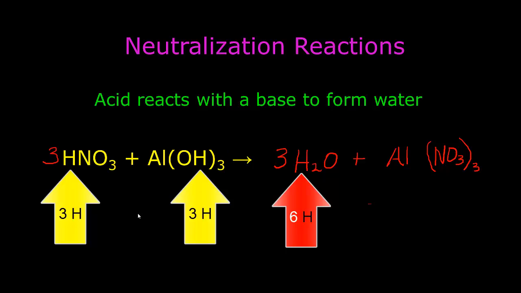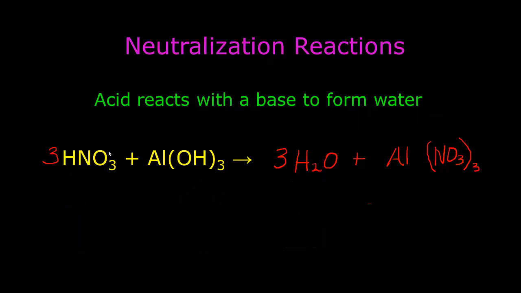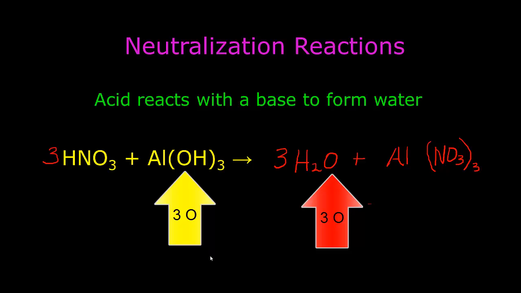And now I need to account for my oxygens. Now I've already accounted for these oxygens in my nitrate, so I'm not going to account for those again. Over here I have 3 oxygens, and on the product side I've already accounted for these oxygens, so I'm going to look at these, and I have 3 oxygens over here. So we now have a balanced reaction.